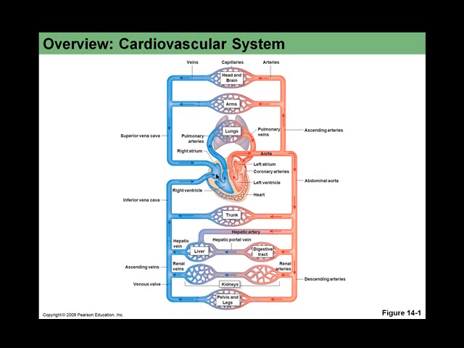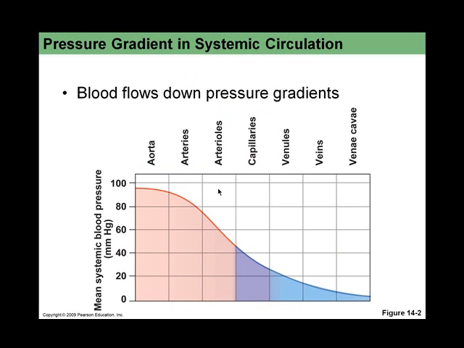And then again, pressure on the common receiving side, so you'd pretty much have to be in the right atrium to get both the superior and inferior vena cava coming in there. And of course the coronary circulation drains into there as well, but not contributing too much to the right atrial pressure. So we're considering that as the vena cava pressure. So there's a tremendous drop, as you know.